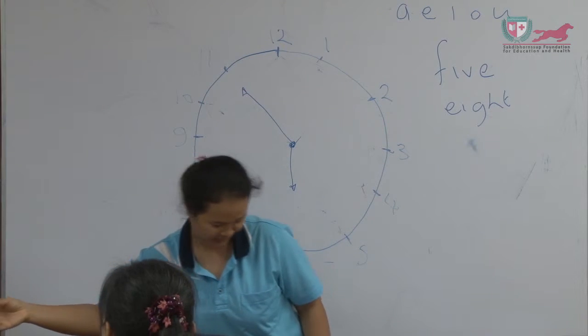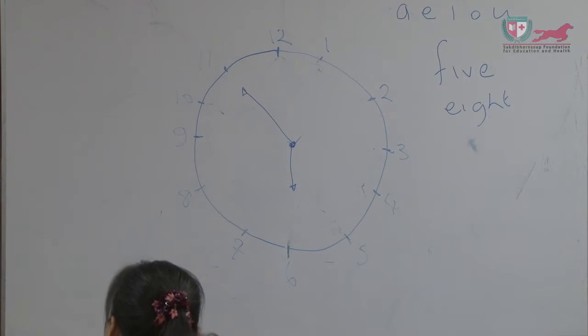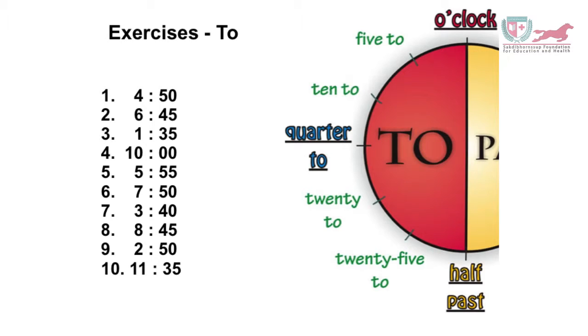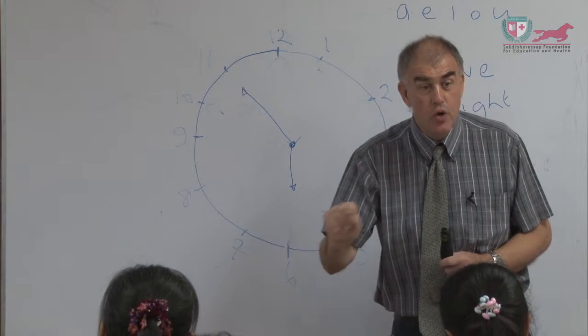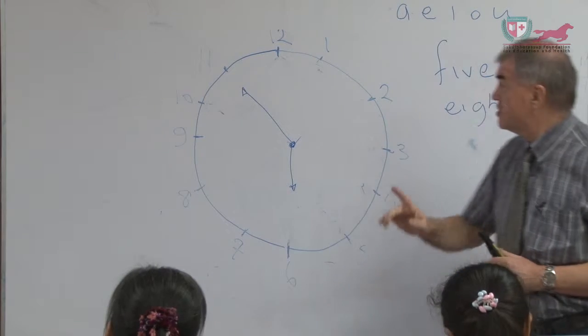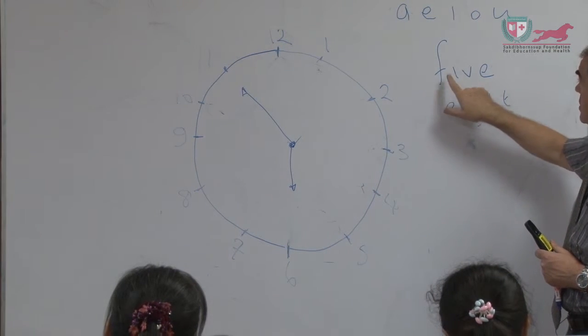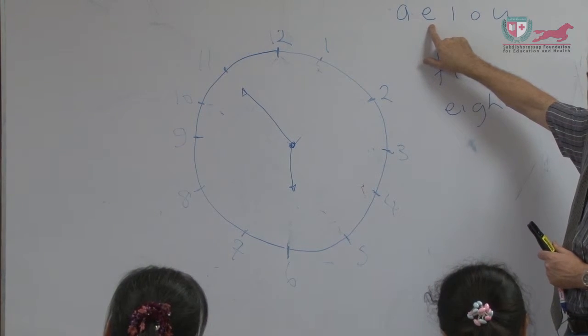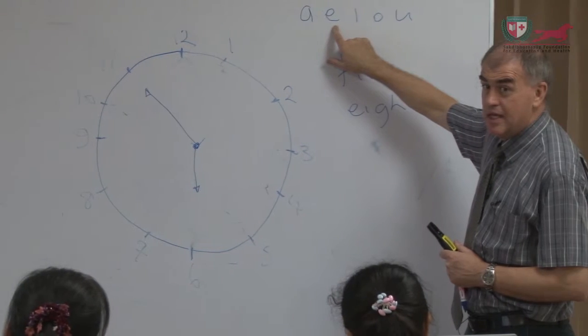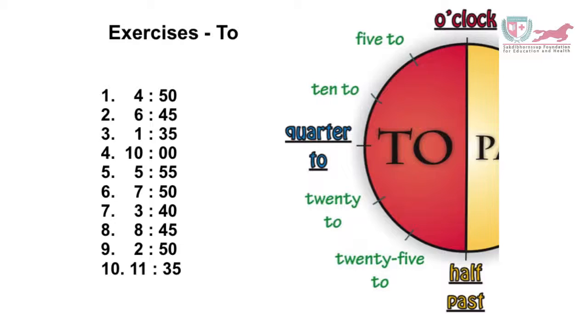Correct, yes. Thank you. It's right. Number 6. What's the time? Yes, it's 10 to 8. Because 8 is a vowel. Yeah. Good.